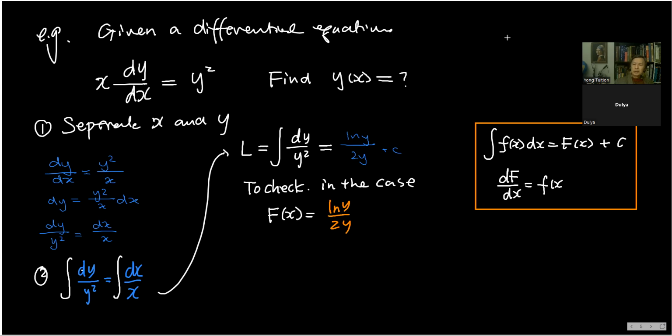This is called the fundamental, just check your textbook, the basic fundamental theorem of calculus. So this is a very important formula. It's not the principle, it's just a simple relation.